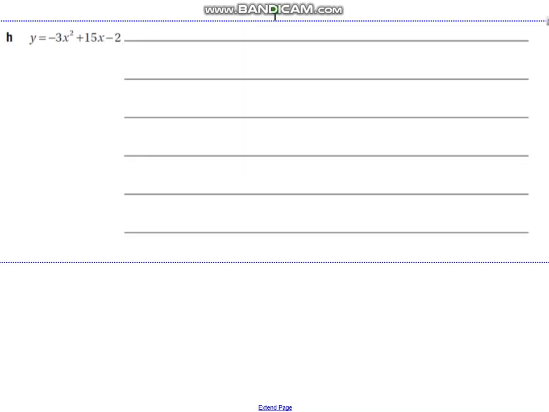Okay, and this is our last one. This is going to be a maximum because you have got a negative here. Okay, and then we're going to do a cheeky factorise and take that minus 3 out.